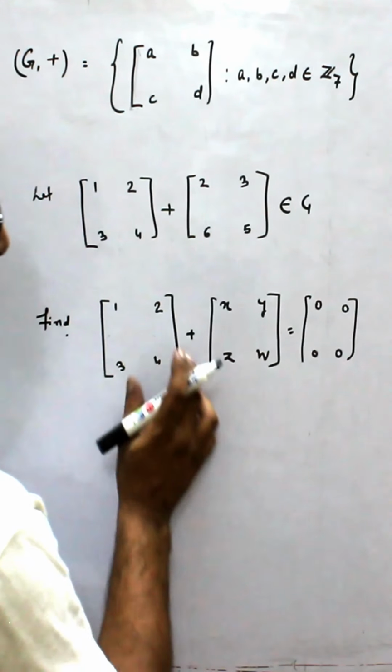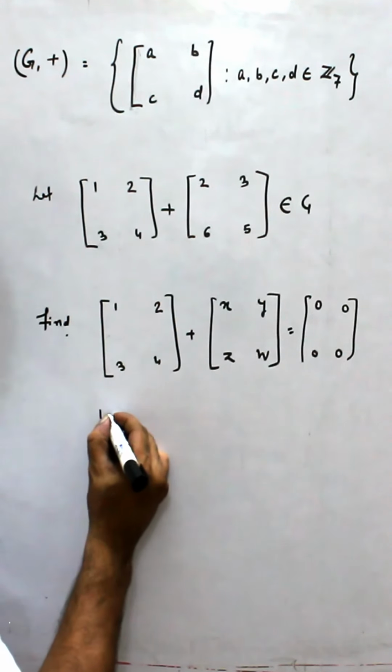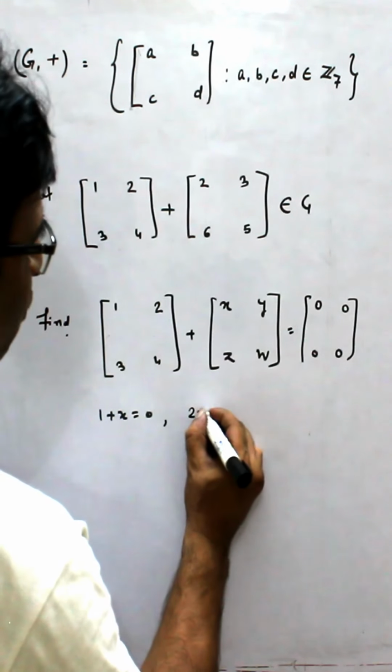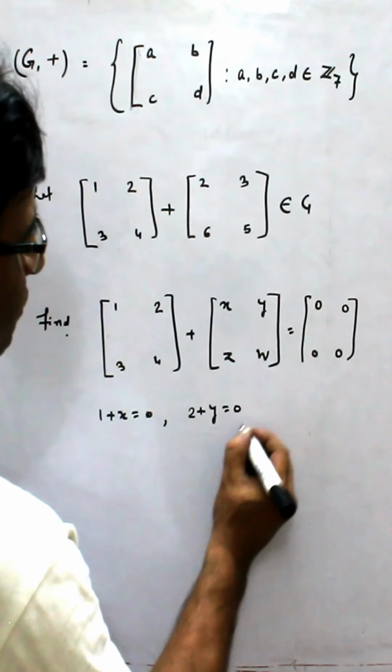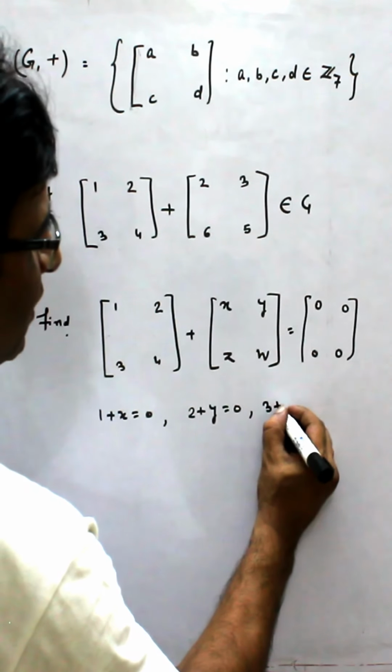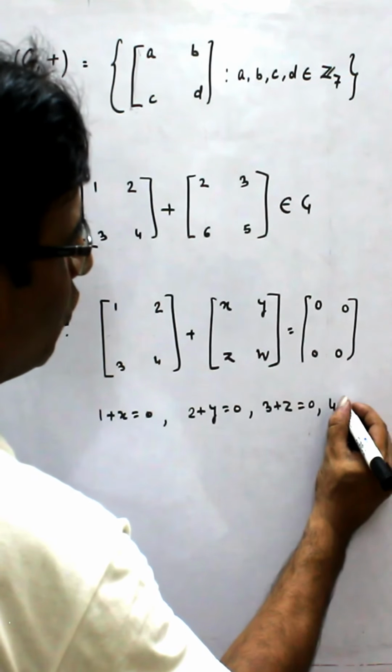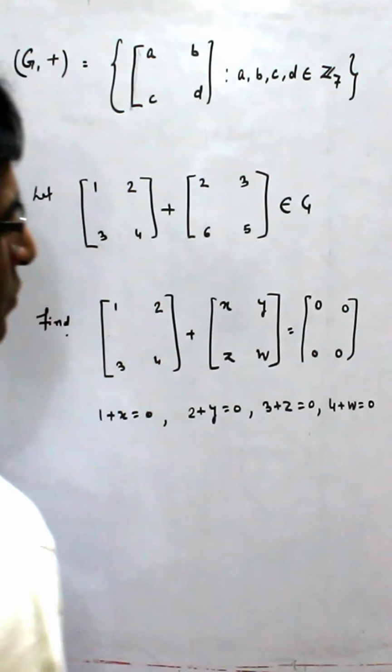If I simplify, I get 1 plus x is equal to 0, 2 plus y is equal to 0, 3 plus z is equal to 0, and 4 plus w is equal to 0.